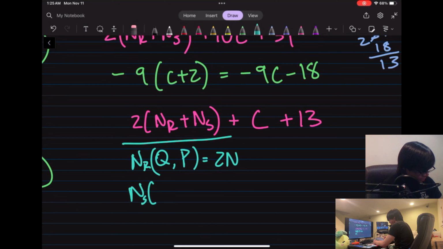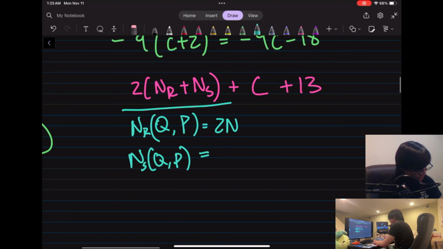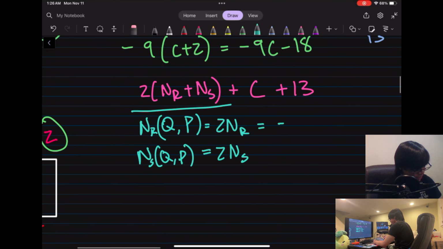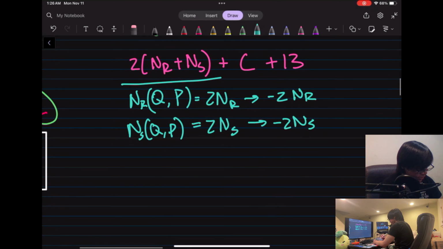That's where I should be labeling them. Honestly, Q and P could be different between the number of rectifying and number of stripping stages. But just to not confuse myself, these get canceled out since we're subtracting these. So those are gone. Just cross this out.